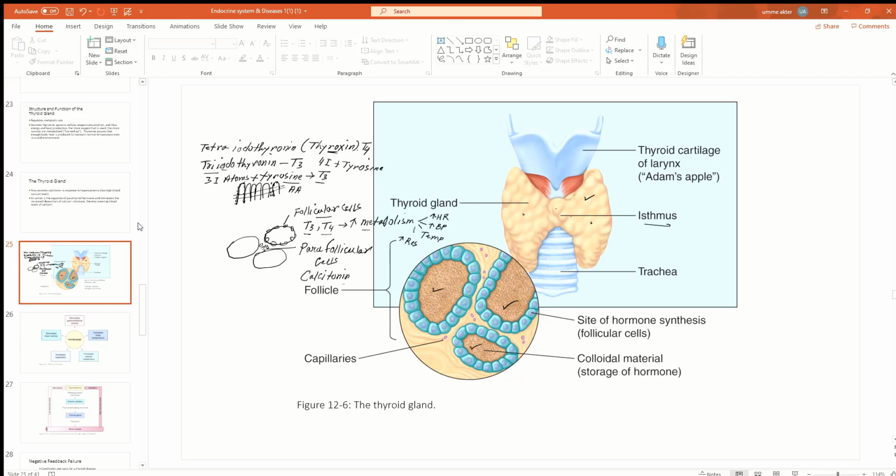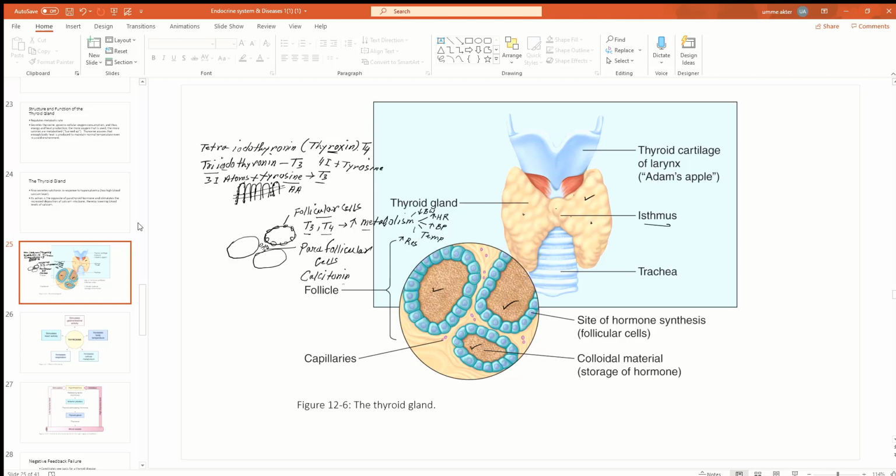So you'll lose the body weight, right? So all those can result from increased T3 and T4, right?